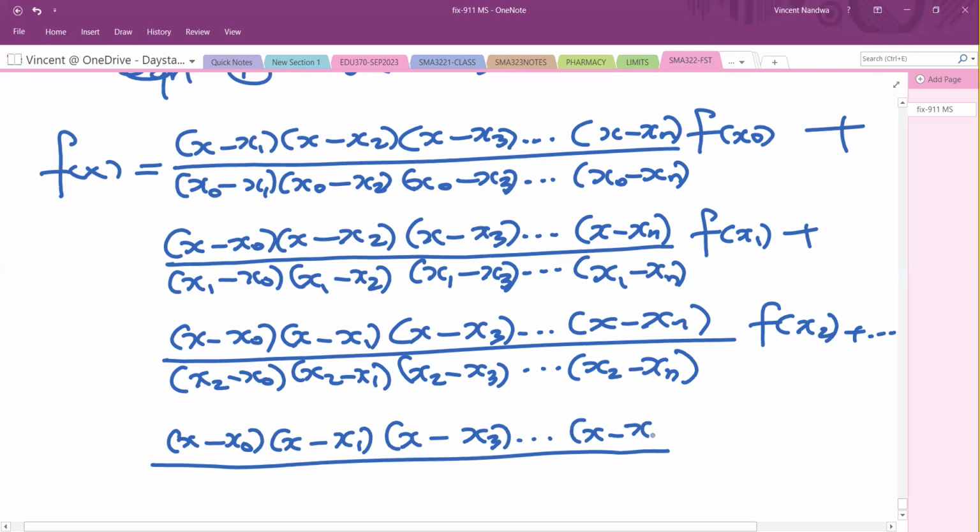what is the value of x here? Subscript of x in this last term. What is the last subscript for x value?